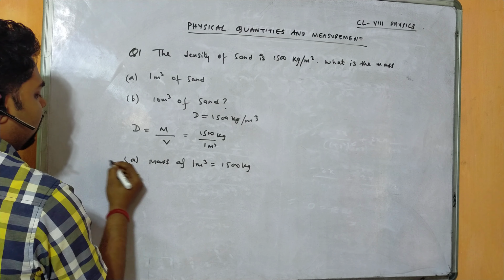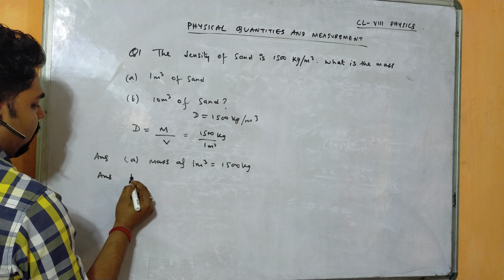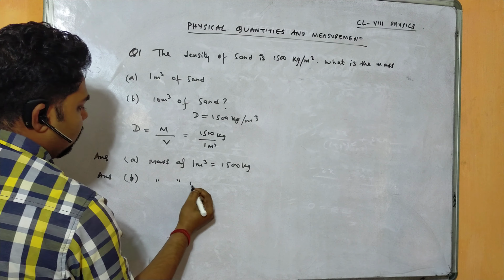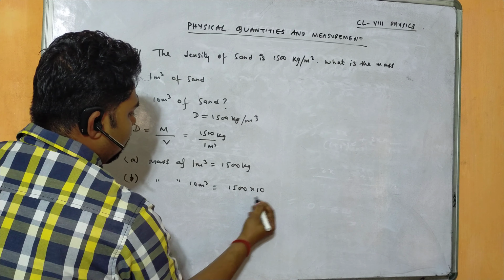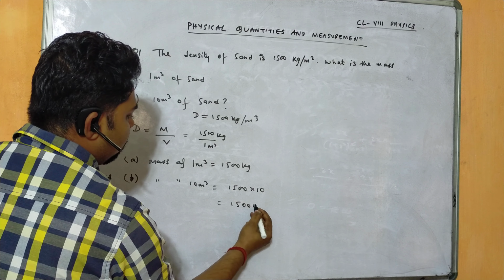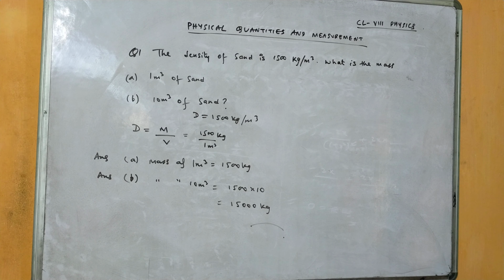Similarly, this is the answer for point 1, and for point B, mass of 10 meter cube is multiplied by 10, that is 15,000 kg. Okay, so this is the answer. 1 meter cube mass is 1500, and 10 meter cube mass will be 10 into 1500, that is 15,000.